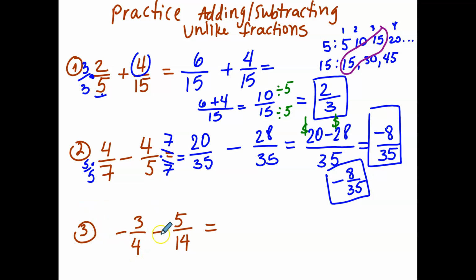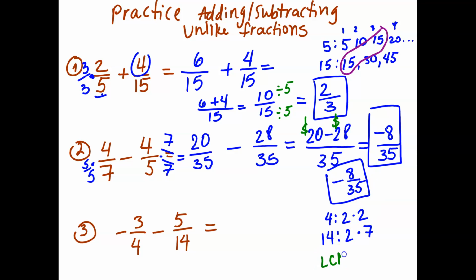Negative 3/4 minus 5/14. 4 and 14 have a common factor, 2. So I'm going to write the prime factorization of 4. It's 2 times 2. And the prime factorization of 14 is 2 times 7. I want to show you different methods to find a common multiple.